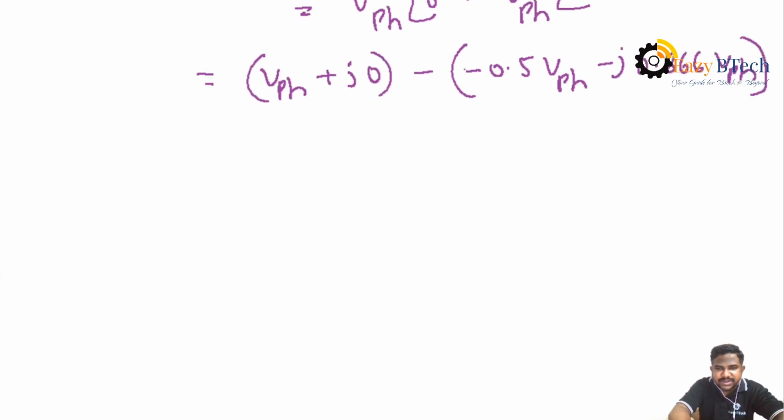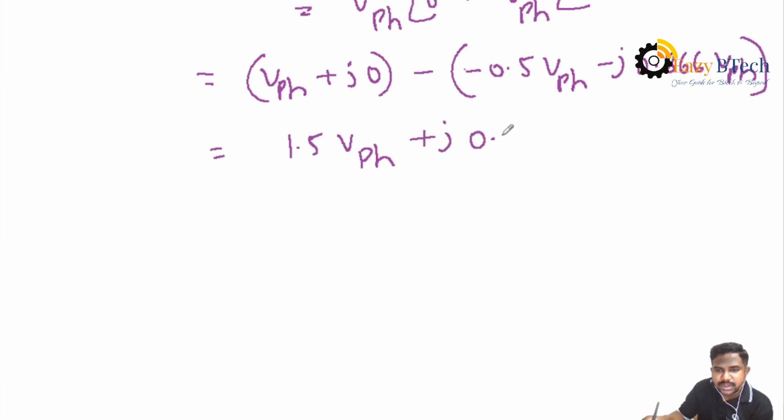Then simplify the equation: Vph minus minus plus 0.5. Then take the Vph real term common, we will get 1.5 Vph plus j 0.866 Vph.